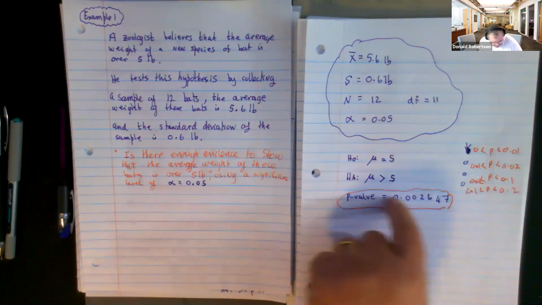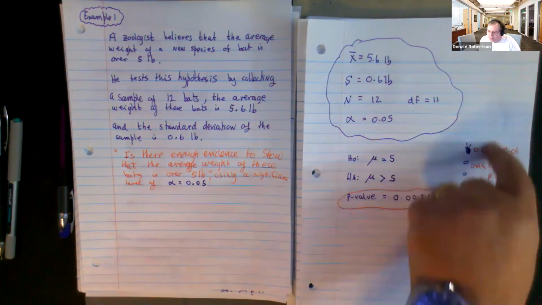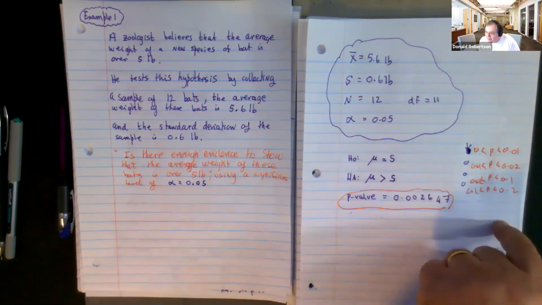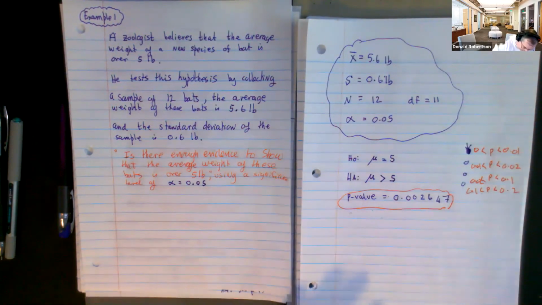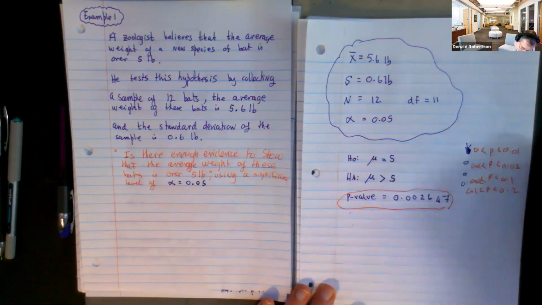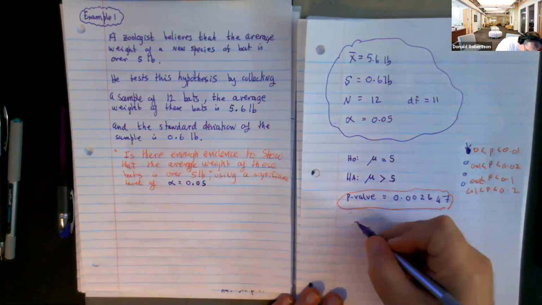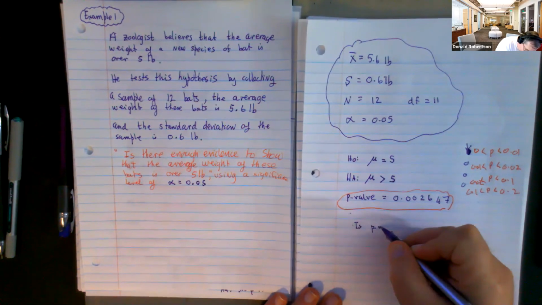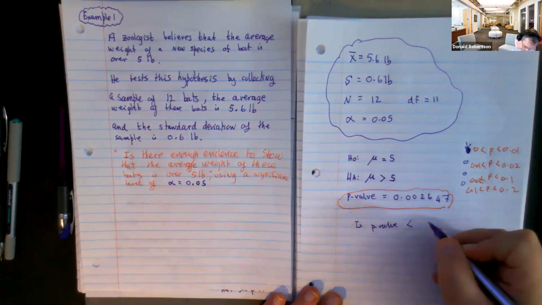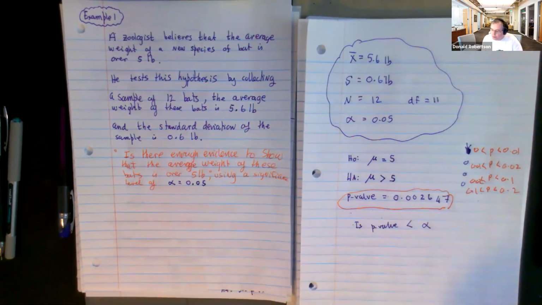We won't type that in the homework, but we'll choose an interval that that number is in, and that'll be how you do that. And then you get the, is our p-value less than our significance level? Because if it is, won't we then be able to say statistically significant result, these bats are heavier than 5 pounds, right? That thing.